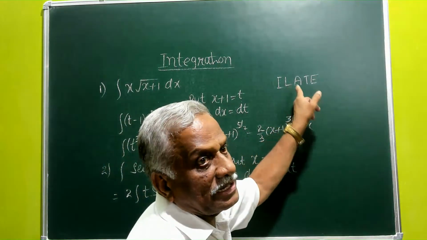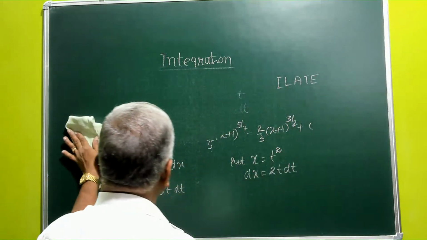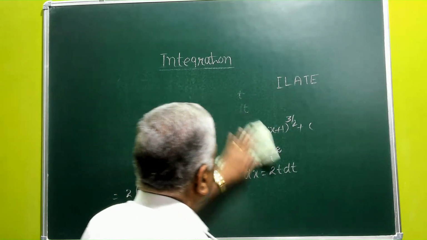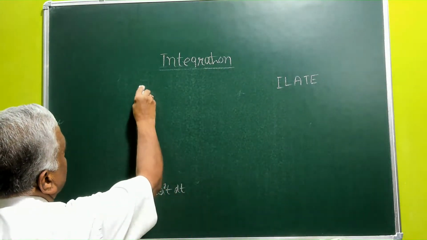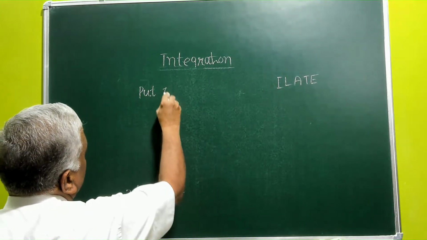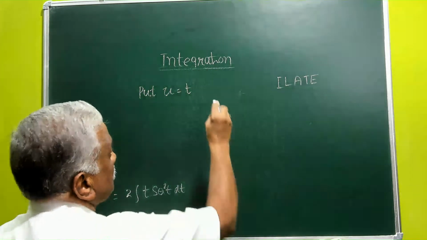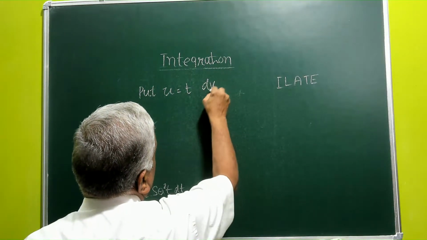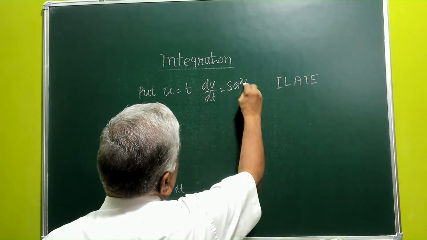Trigonometry comes after algebraic. Therefore, the first function we are going to choose, u, is going to be algebraic. So put u is equal to t. The second function, dv by dt is equal to secant square t.